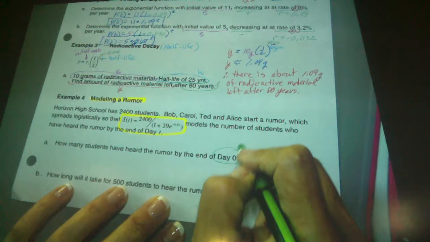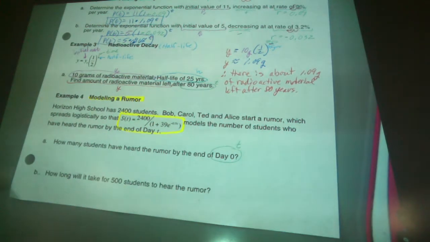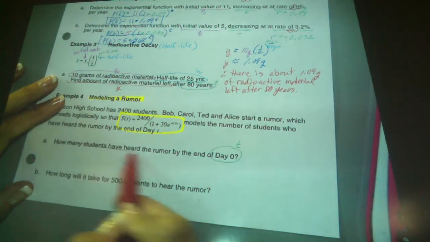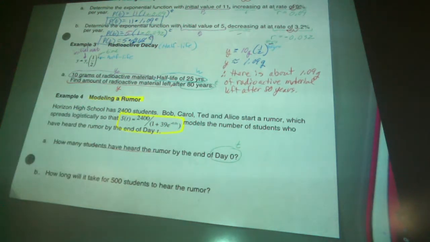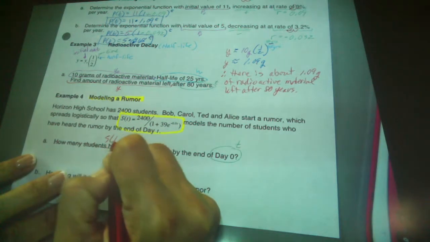That is T. What am I trying to find? How many students have heard the rumor? What is that in the formula? That's your S of T. That's your total amount, right?